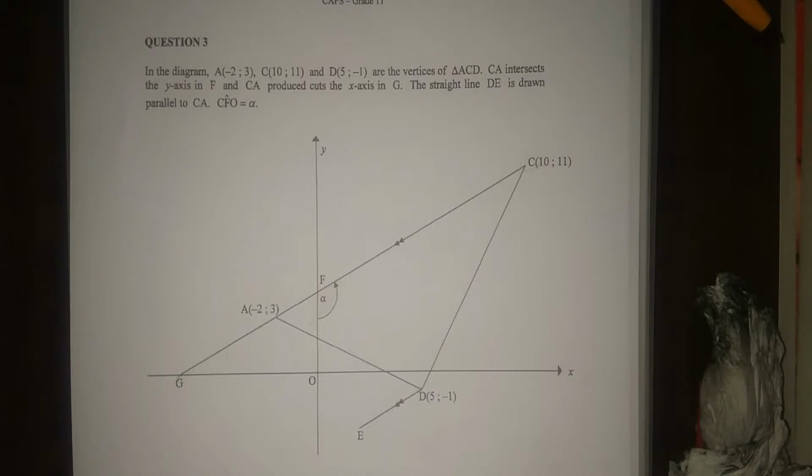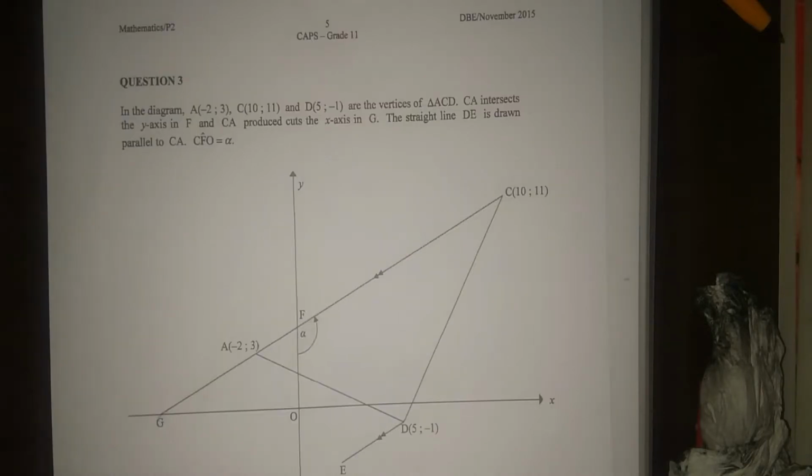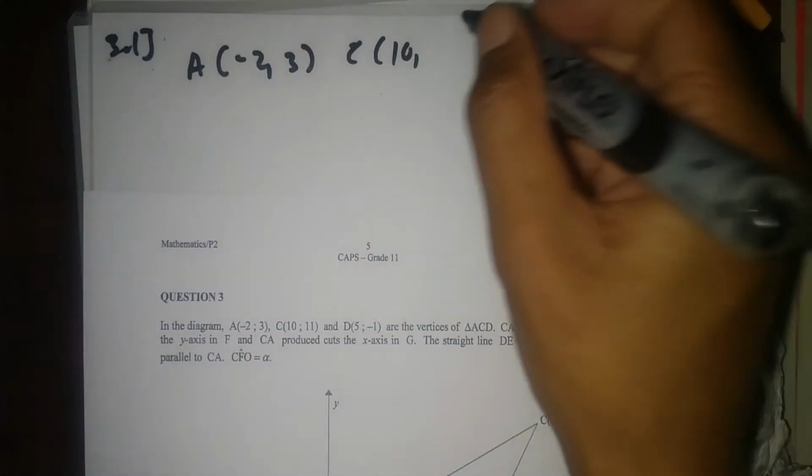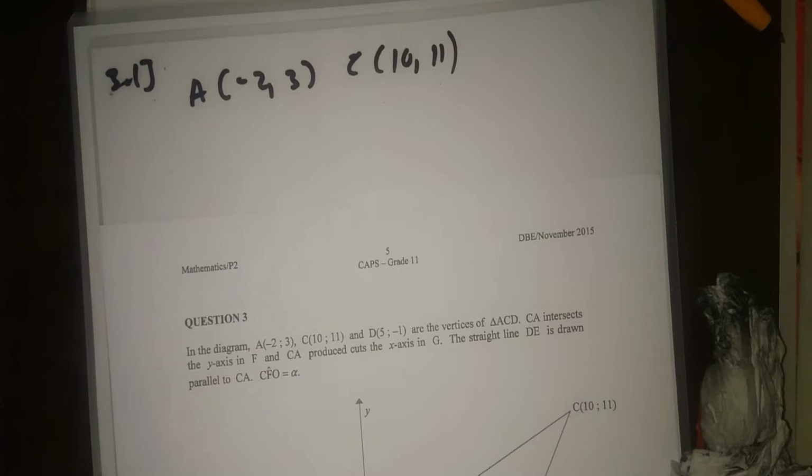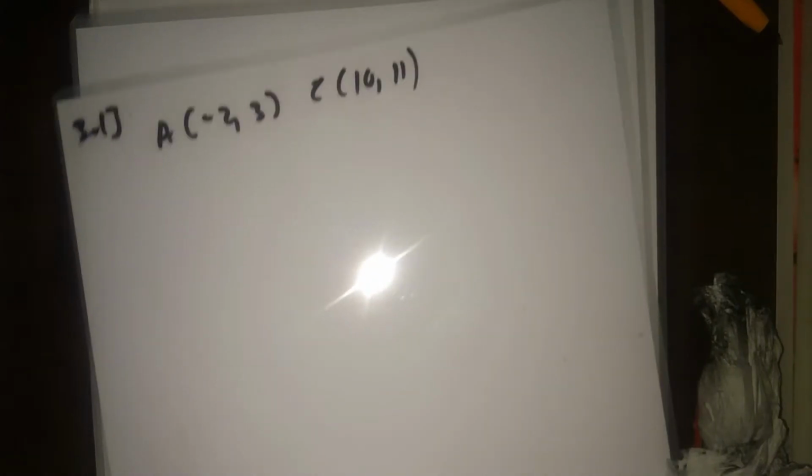So 3.1, calculate the gradient of the line AC. Point A is (-2, 3), C is (10, 11).